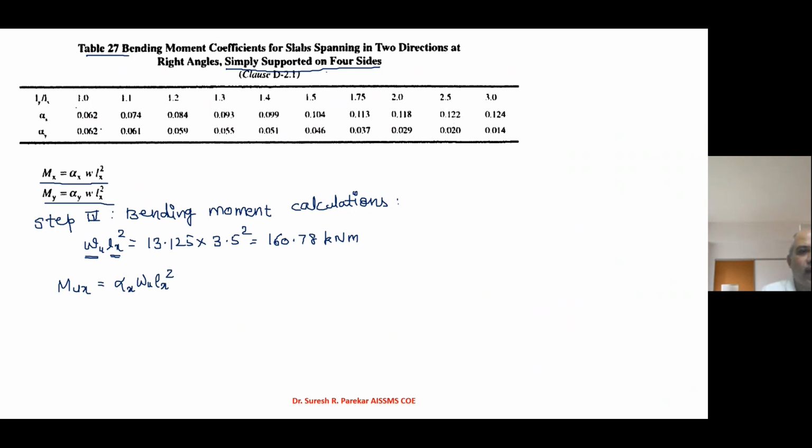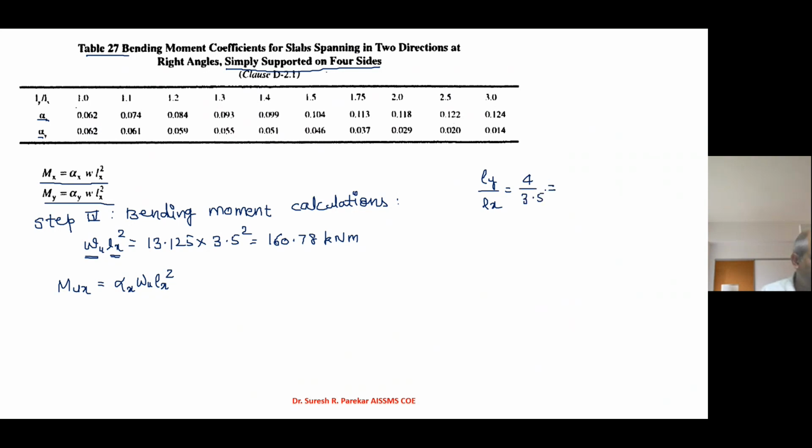Now we have to find out the value of alpha x and alpha y. So this depends upon Ly by Lx. Ly we have as 4 meter and Lx we have as 3.5.